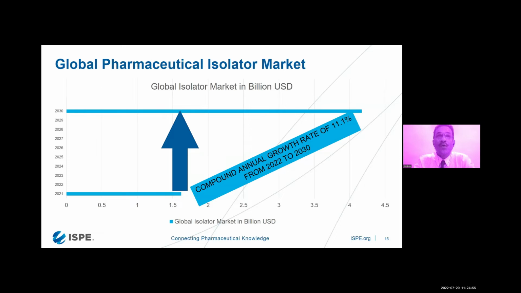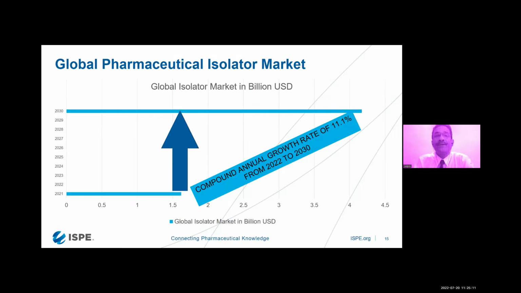Now, with the isolator technology more matured, you have a lot of options available, and they are not as expensive as they were 20 or 30 years back.